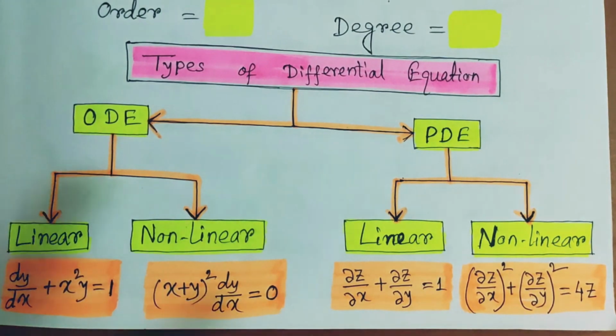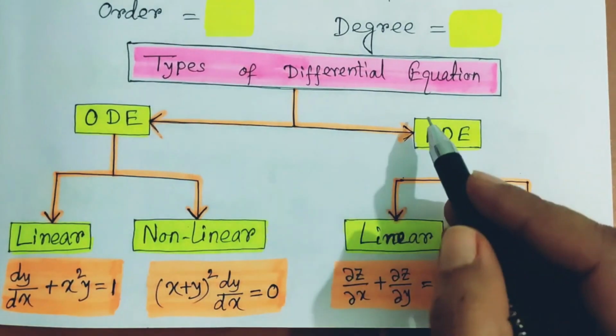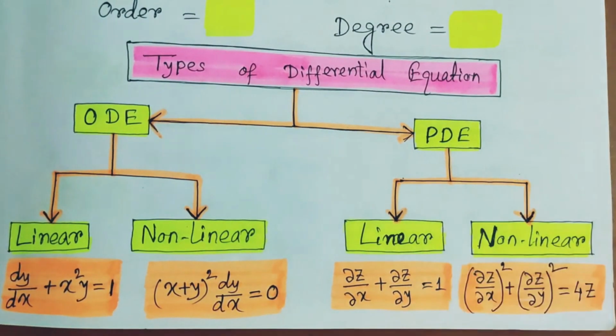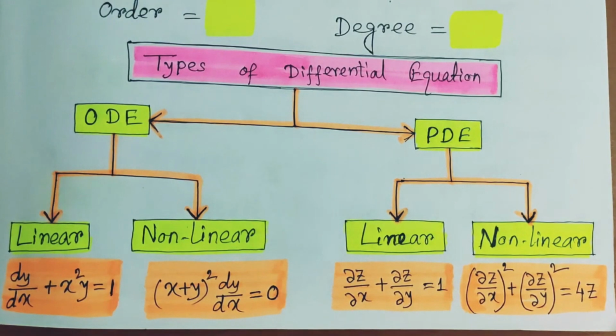Actually two types are there. One is the ordinary differential equation and another one is the partial differential equation. You will find an ordinary differential equation when only one independent variable is there, and a partial differential equation when you have more than one independent variable.